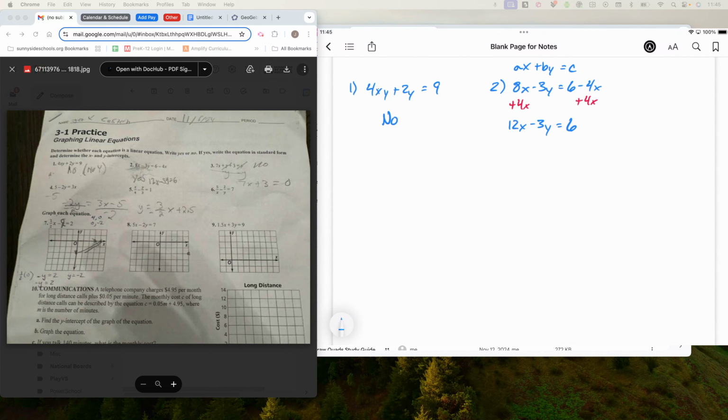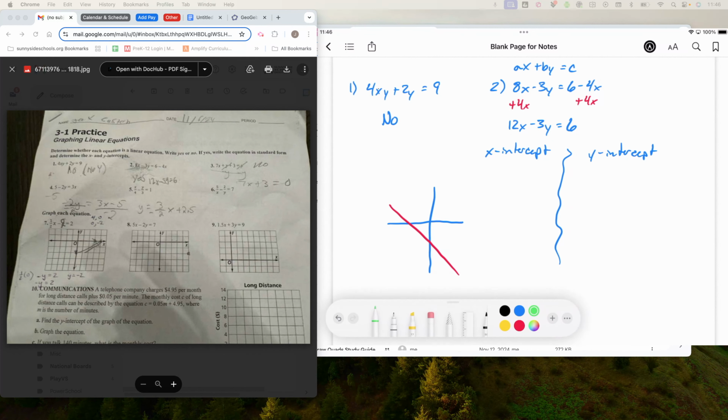The next piece of this, determining the x and y intercepts, involves a little bit more work. The x-intercept will happen when the y value is 0, and the y-intercept will happen when the x value is 0. I'm going to model that really quickly. If we have a graph of a linear function like that, at this point, that's the x-intercept.